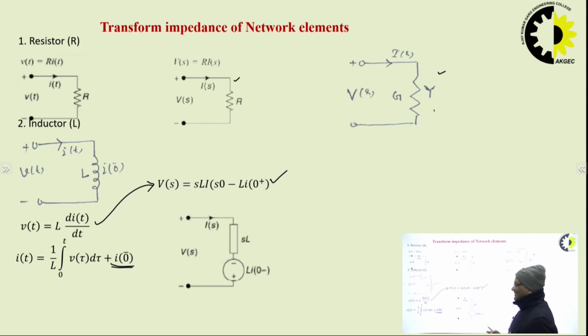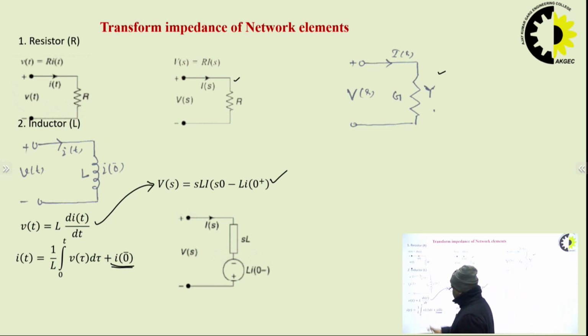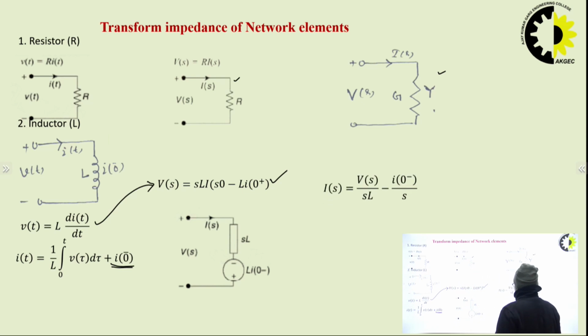So this is the circuit of the inductor in S domain. Similarly, we can have the expression for current in S domain, and once we have the expression, we can draw the equivalent circuit.